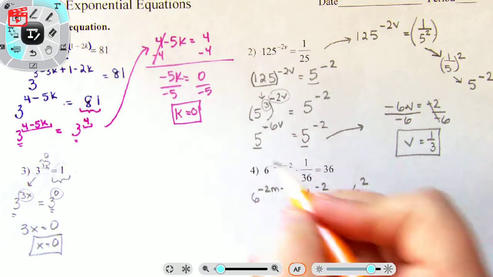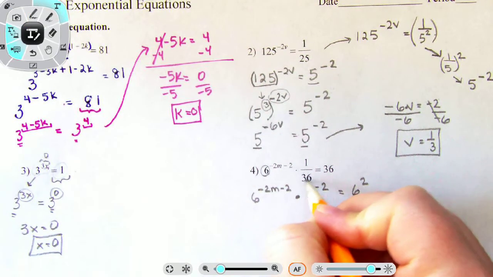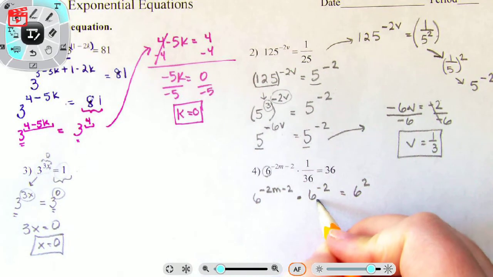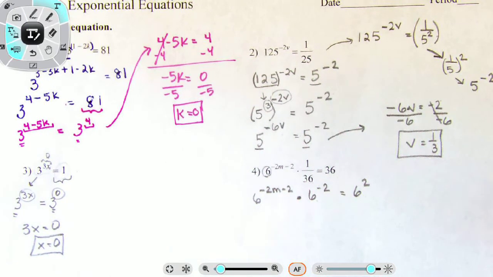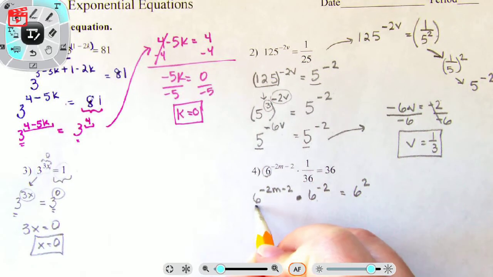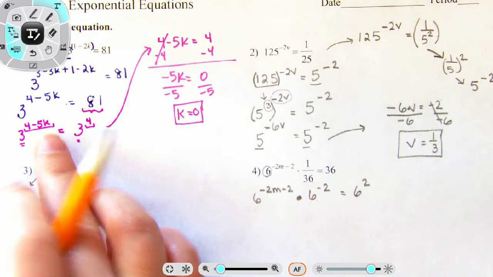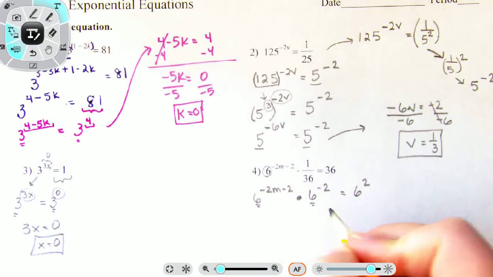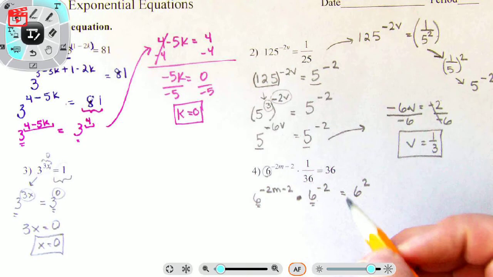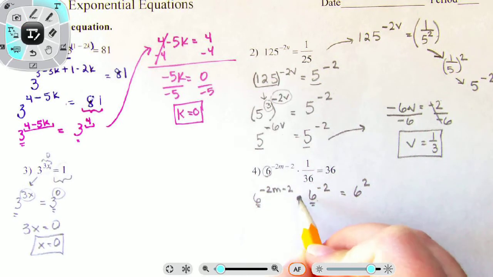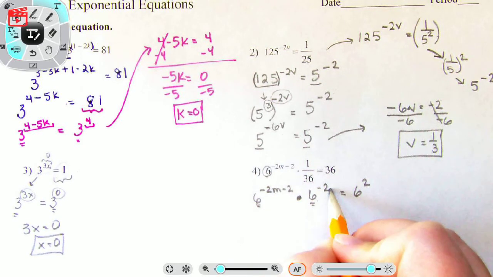How do I know that? Because I see a 6 here, and I know that 36 can be rewritten in terms of 6. So therefore, my base is 6. Now, back to example number 1, we have the base that's the same. So now we're using the product property, which means if the bases are the same and it's being multiplied, we add the exponents.